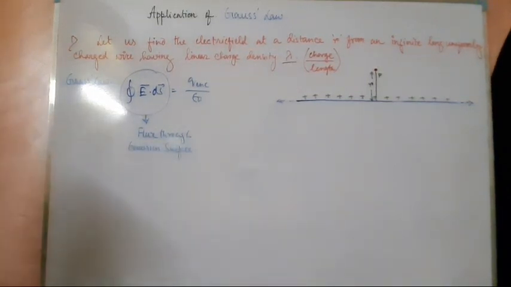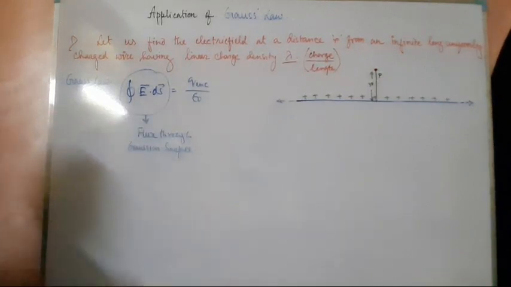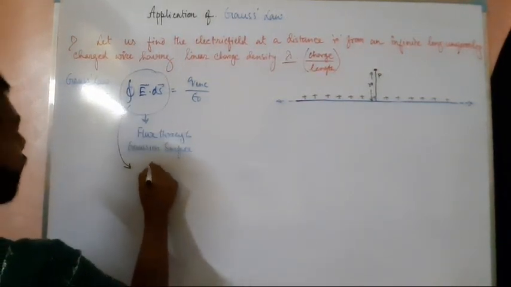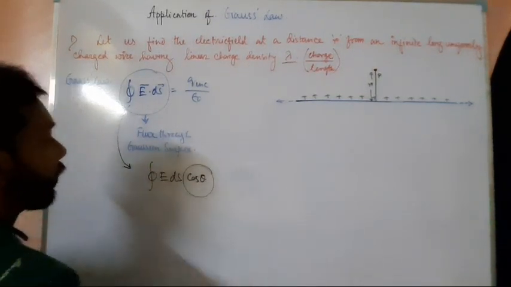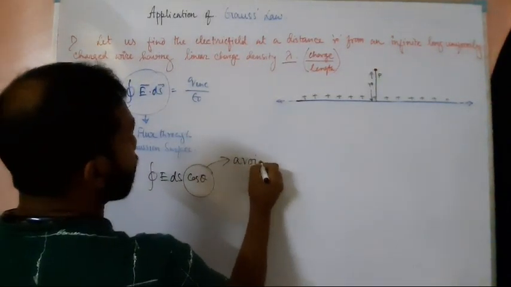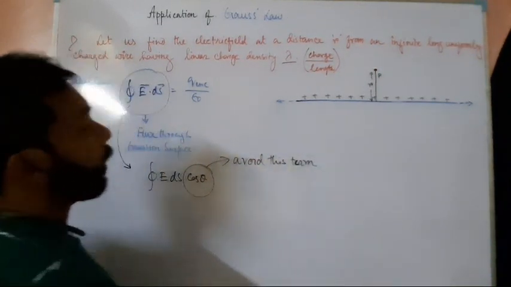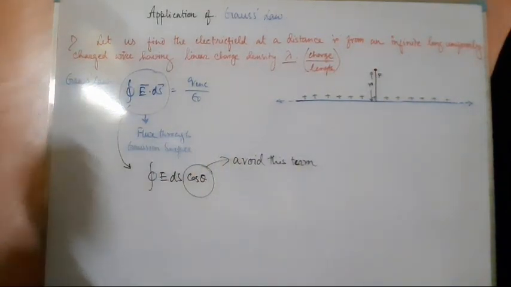Whenever we have to find the flux through the Gaussian surface, we need to take a suitable Gaussian surface, and we will always keep in mind that when we do that integration, this integration will lead to E ds cos theta, and this cos theta term we will always try to avoid, because it will introduce a certain amount of difficulty or complexity in our integration.